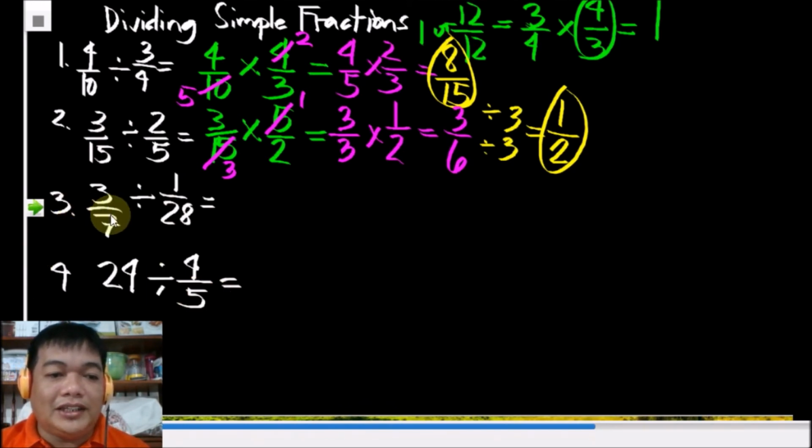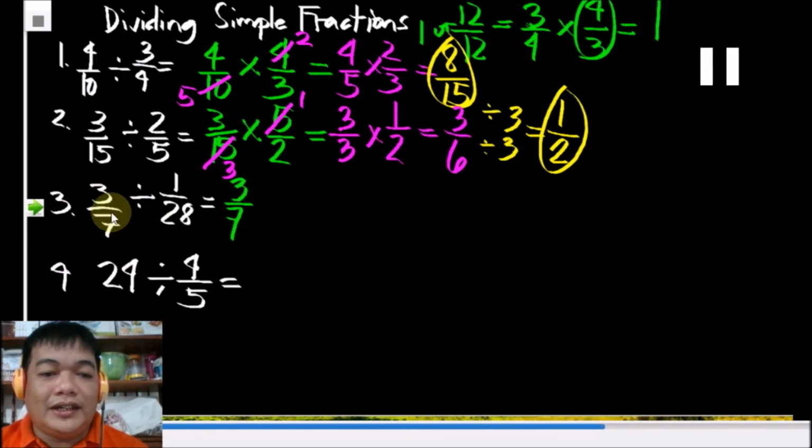Okay, number 3, 3/7 divided by 12/8. You're going to write 3/7, then rewrite the division operation as a related multiplication. The divisor will have the reciprocal.